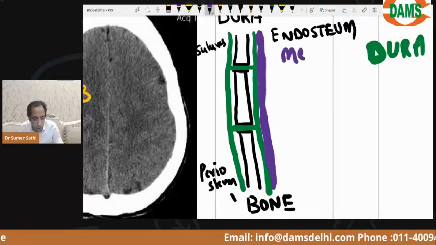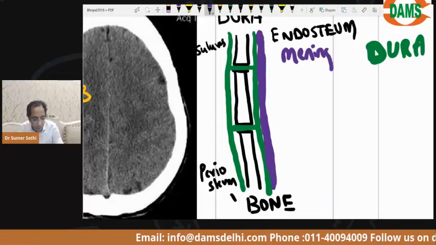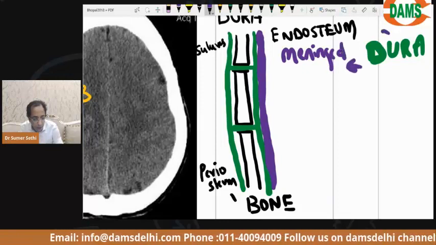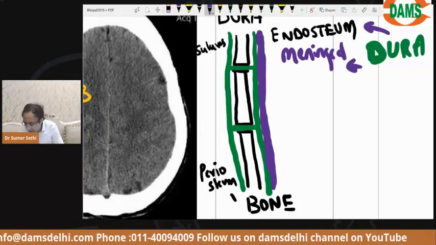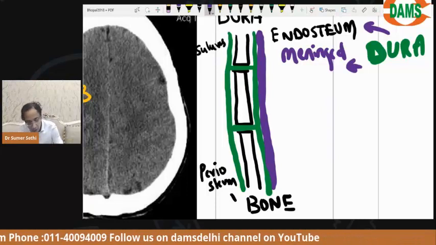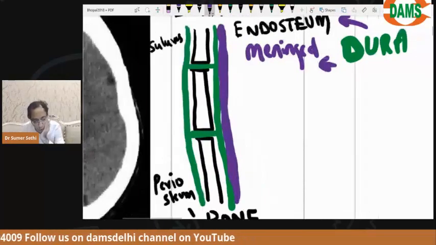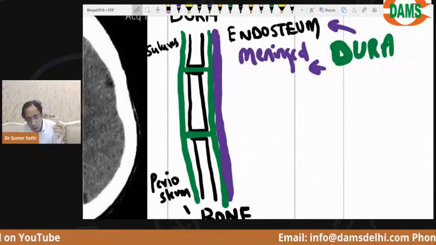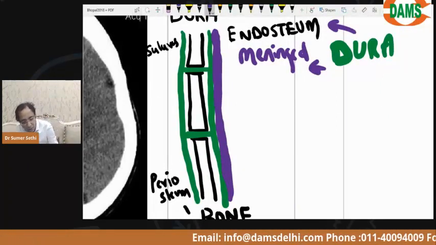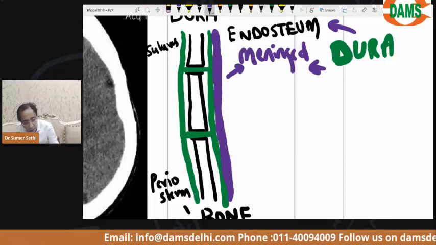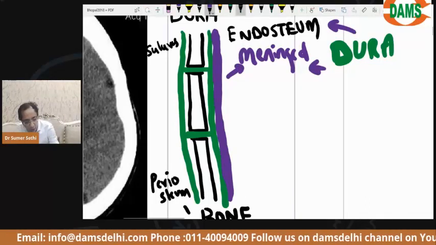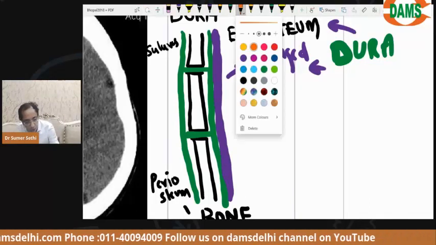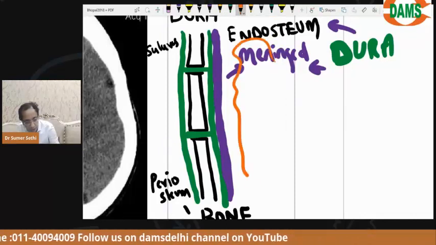So remember, dura has two layers: an inner meningeal layer and an outer endosteal layer. You can see the purple color is the meningeal layer, and this is where you have the brain.